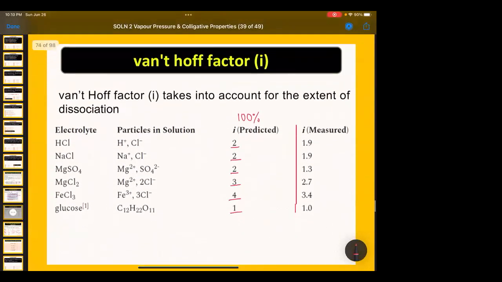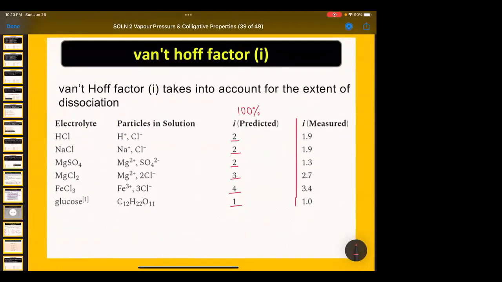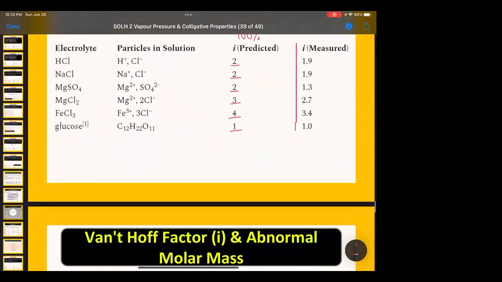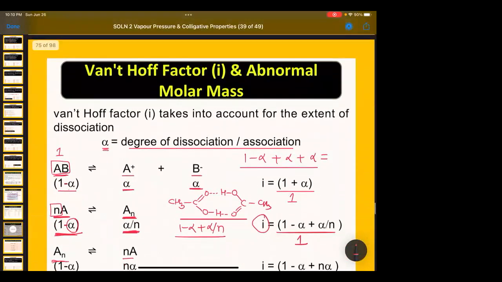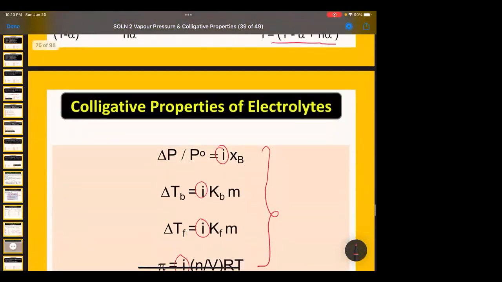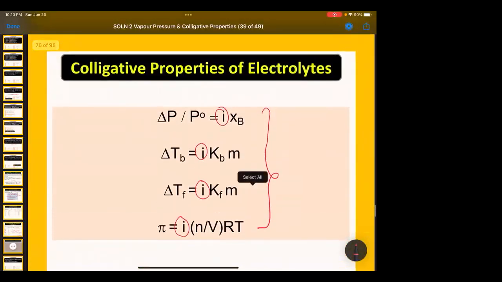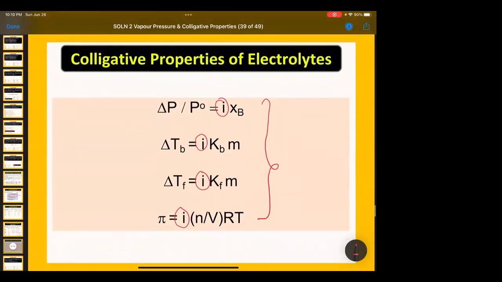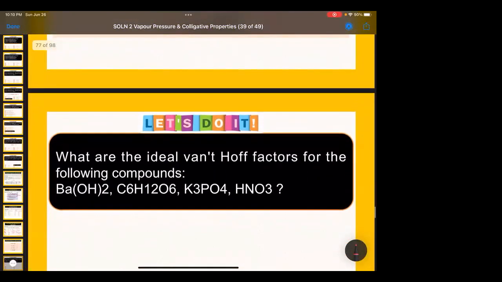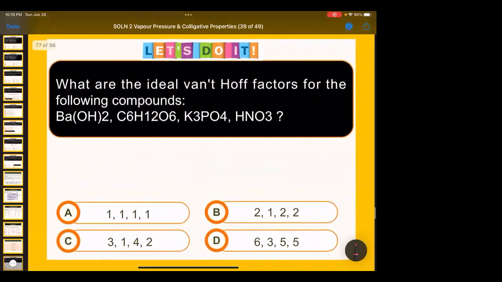You can get the question in any manner, and it is very simple, but still students get confused, so you need to be careful. These are the modified formulas. By taking i into account, you multiply all the colligative property formulas by i, so that you can get the actual value of the colligative property.